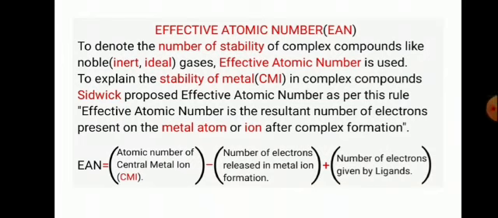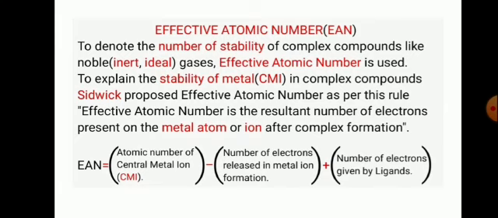So EAN was very easily calculated. The formula for EAN goes something like this. EAN was equal to Z, that is the atomic number of the central metal. Now, that central metal ion might have lost some electrons, that is its oxidation state, in order to form that complex.